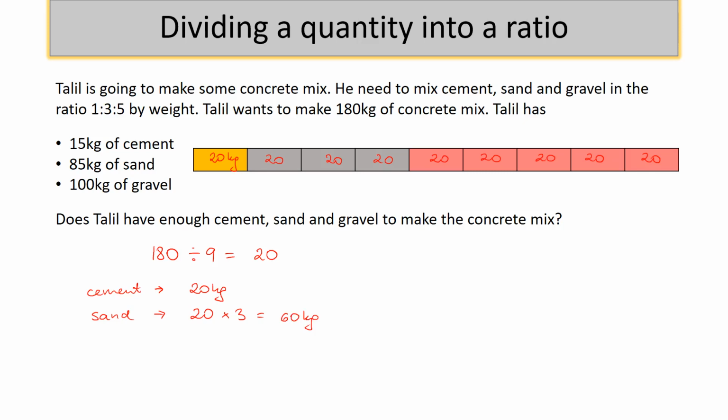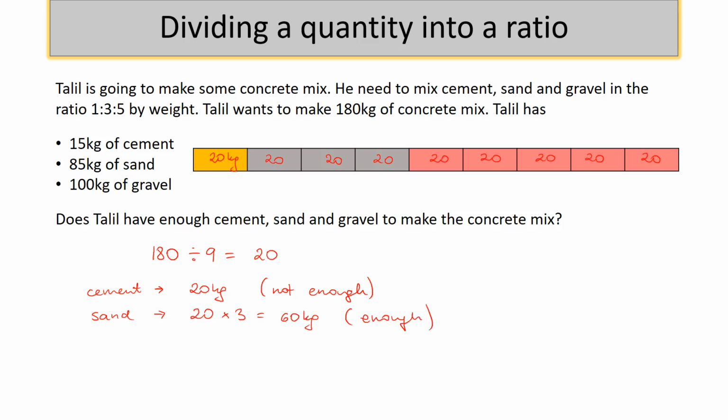When it comes to cement, that is not enough. He doesn't have enough because he needs 20 and he only has 15. When it comes to sand, he needs 60 and he has 85. So that means he does have enough of sand.